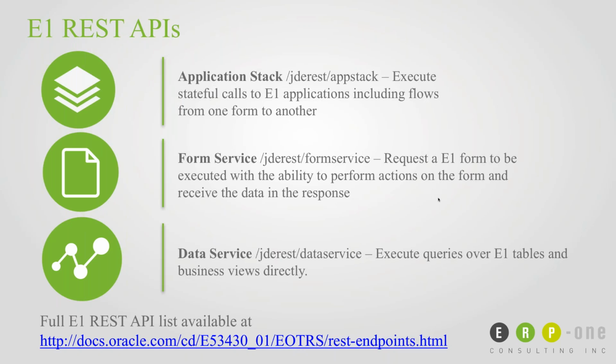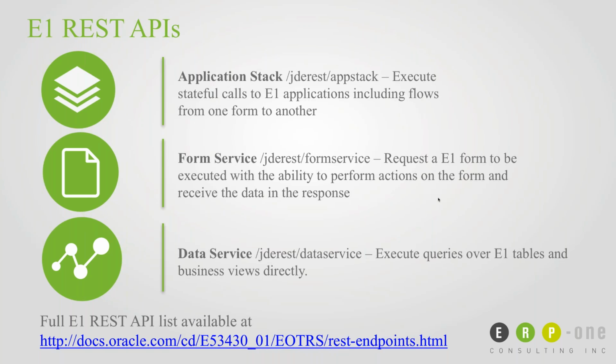Next, REST APIs. So we talked about how REST is our method of communication back and forth. Well, there's three core ways that we're going to talk back and forth to the AIS server. We're probably going to be making calls to particular J.D. Edwards applications. When we're working with those applications, we're going to be working with forms.